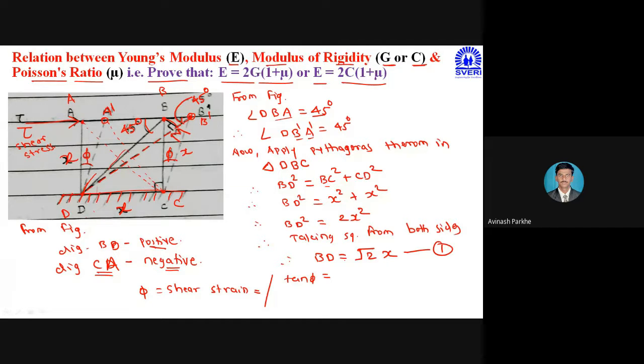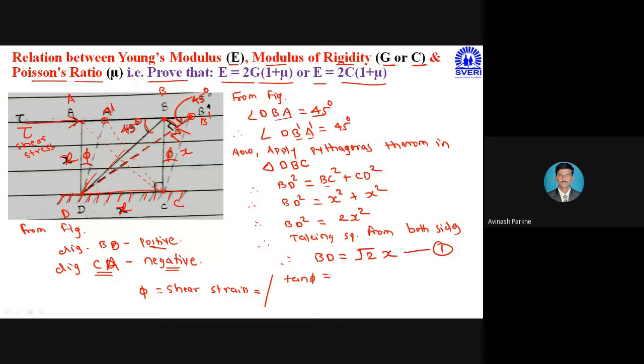What is the formula for tan phi? If I have to calculate the phi angle, you know, it is represented on the figure.